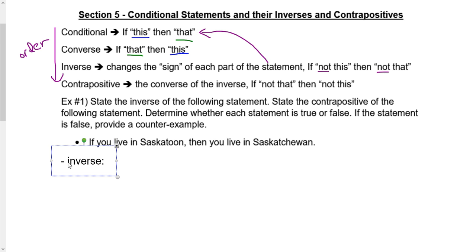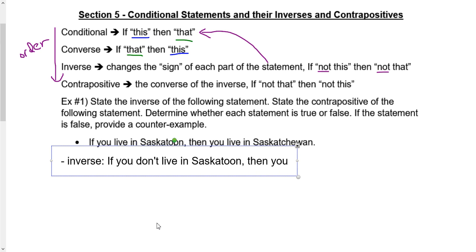The inverse just changes the sign of the conditional statement. We're saying, if you don't live in Saskatoon, then you don't live in Saskatchewan.